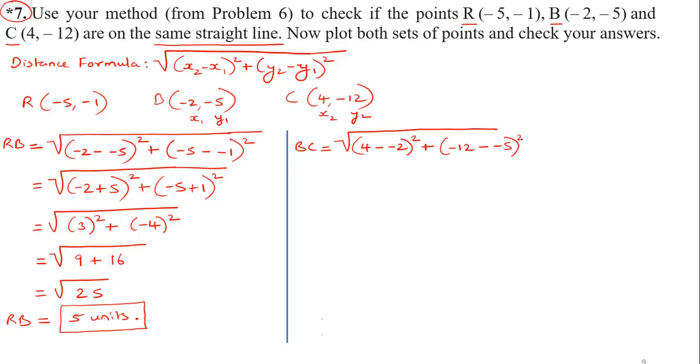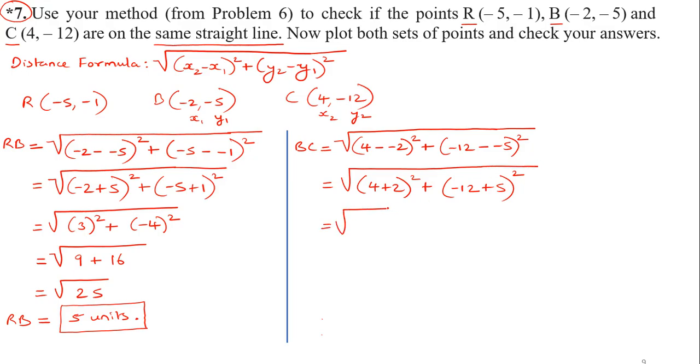So minus 5, so equal to 4 minus minus is plus, 4 plus 2 squared, plus minus 12 and minus minus is plus 5 squared.